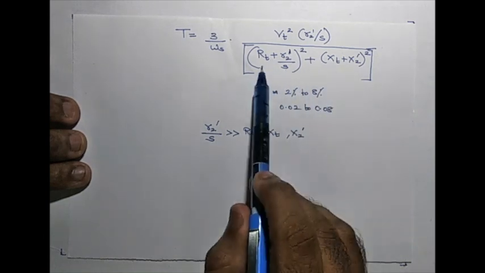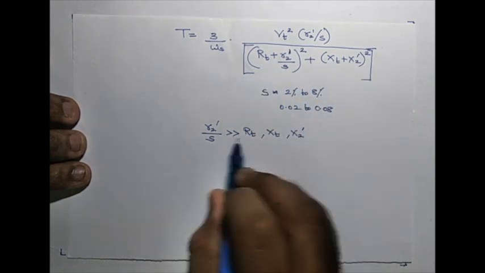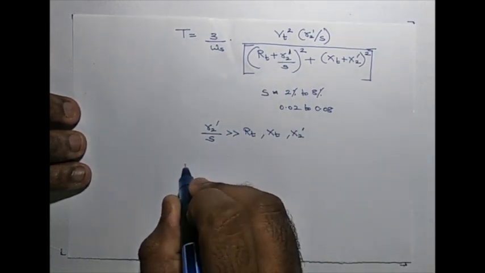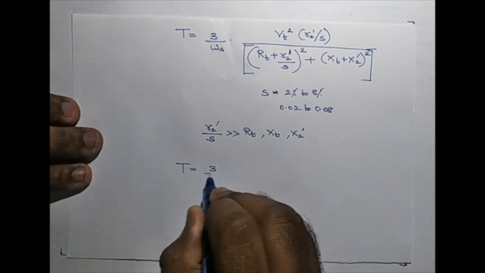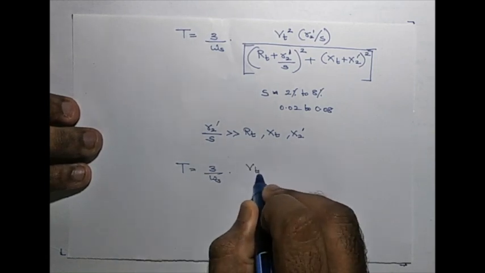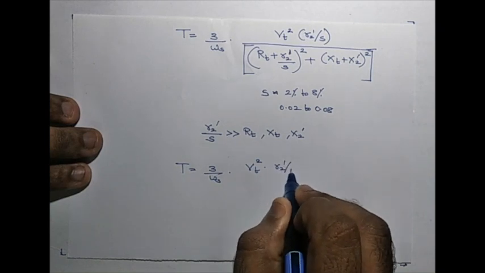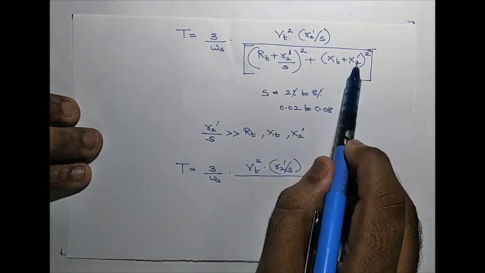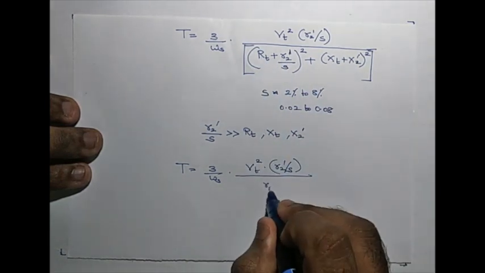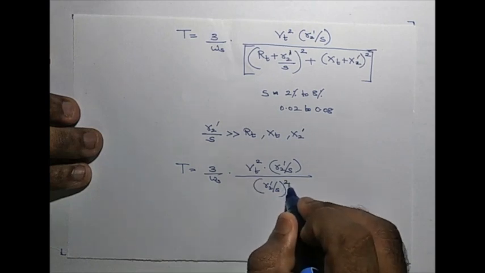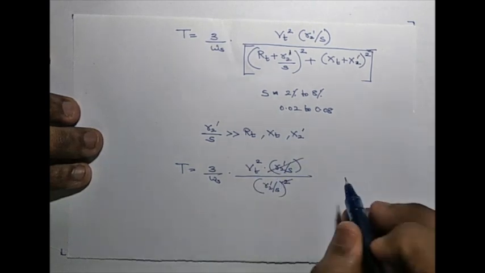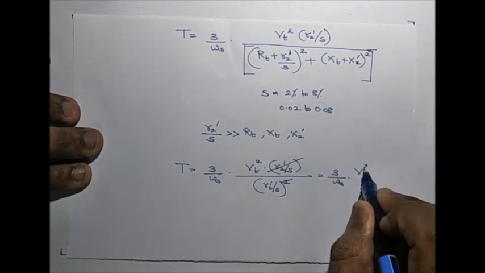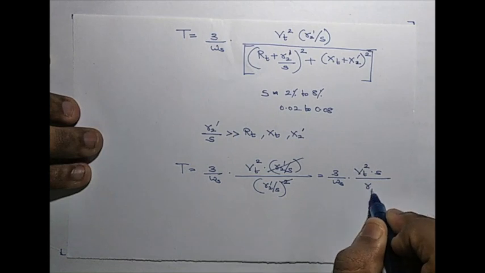Since they appear as an algebraic sum, we can ignore all these parameters and retain only R2' by S, which means the torque becomes 3 by omega_s, Vt squared, R2' by S, divided by R2' by S the whole squared. This cancels, and what remains is 3 by omega_s, Vt squared, S by R2'.